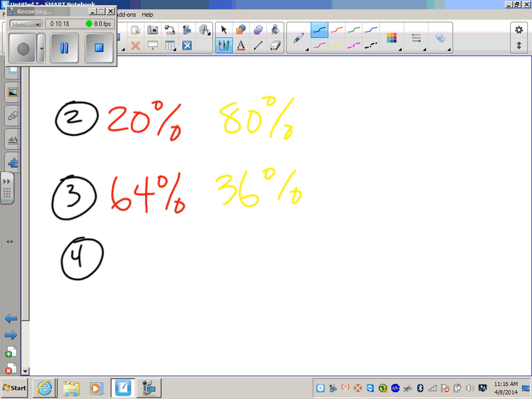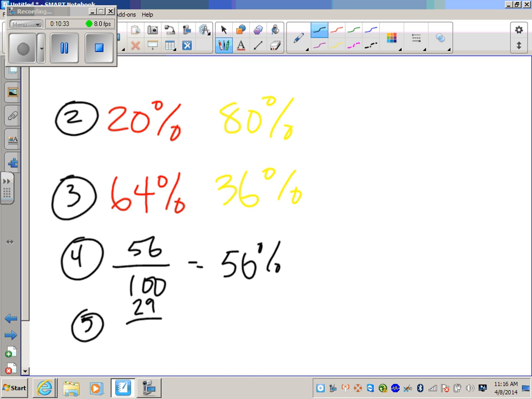Write each ratio as a percent. So 56 out of 100 would be what percent? 56%. Number 5. 29 out of 100 is 29%.